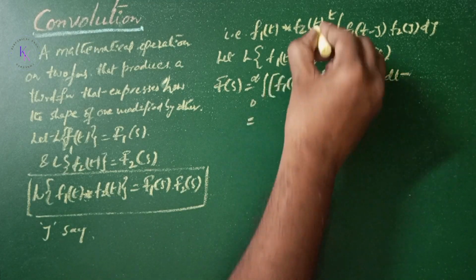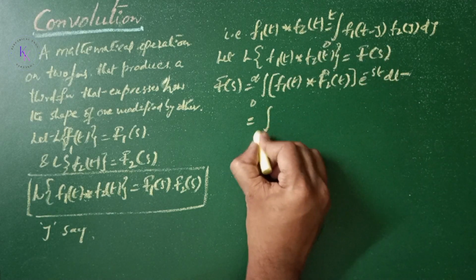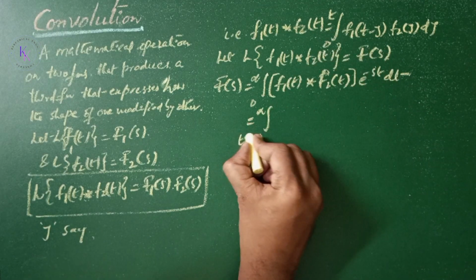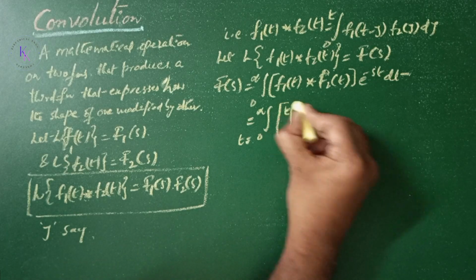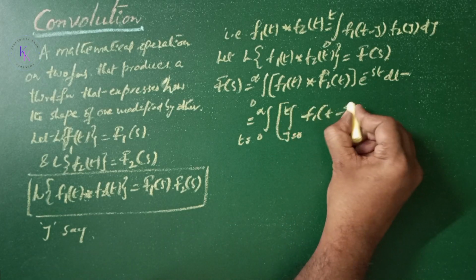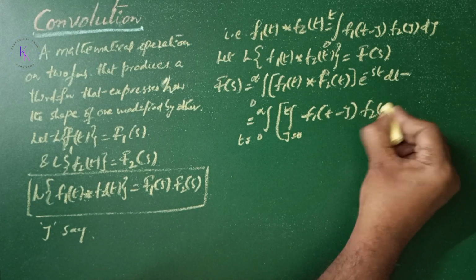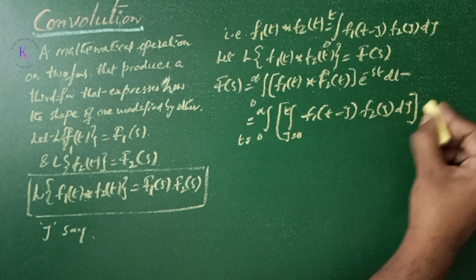Now substitute this here, then you will get the integral from 0 to infinity, t, of the integral tau equals 0 to t of f1(t minus tau) f2(tau) d tau, times e^(-st) dt.